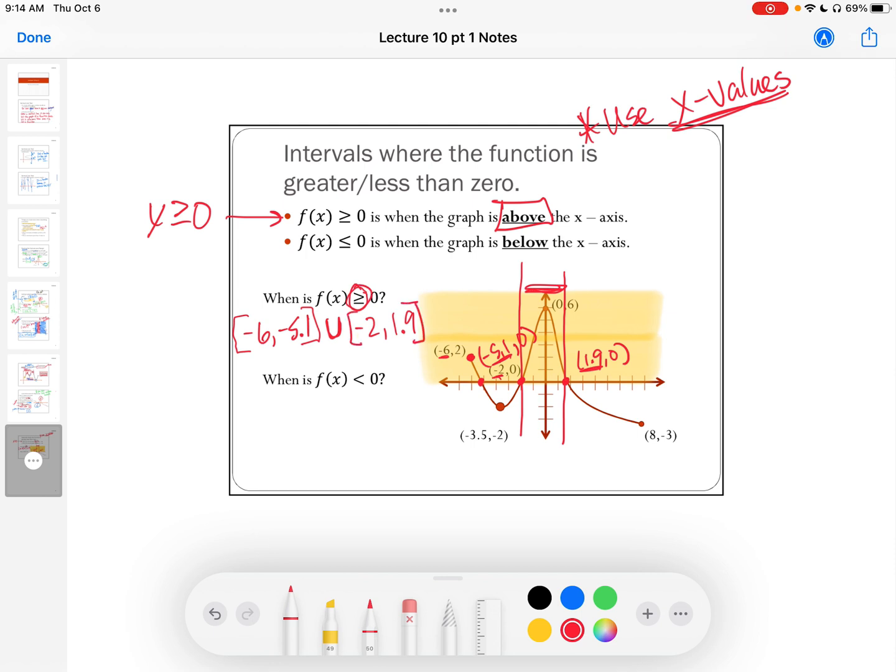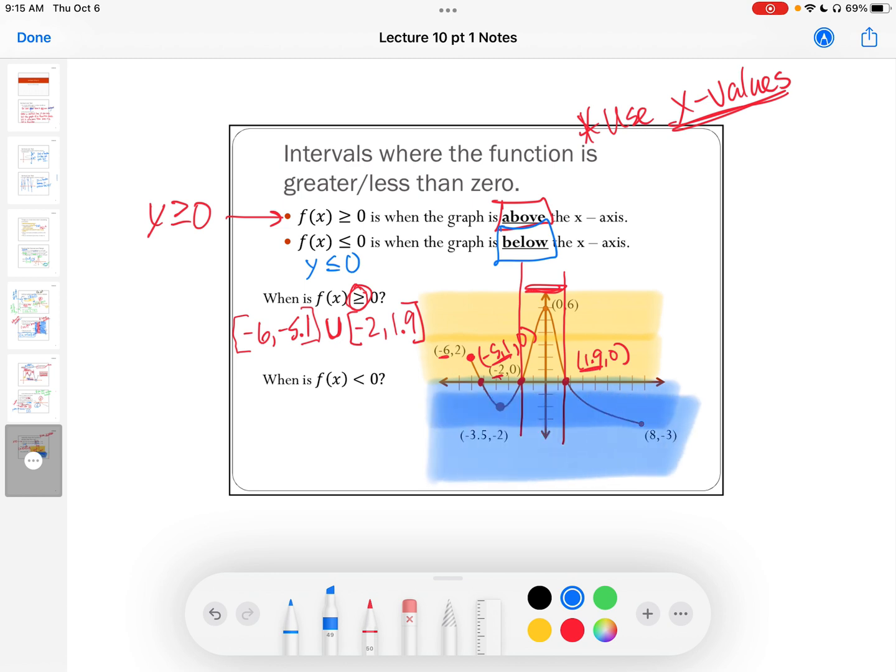Okay, and again, it's greater than or equal to, so we would be including both of those with the square brackets. Now on our next one here, I've got f of x is less than or equal to 0. So this is when are your y values less than or equal to 0. Well, that would be when it is below your x-axis. So where is it below my x-axis? Well, that would be down here.